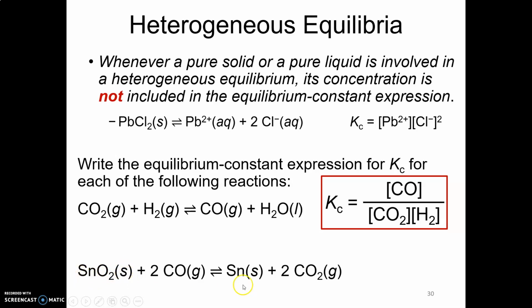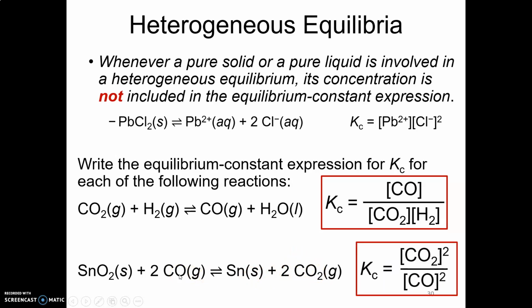Why? Because it's a solid. The tin atom, not going to include. Why? Because it's a solid. So this is the concentration of CO2 squared divided by the concentration of CO squared. That's what the K expression is. We are not going to include the solids, and we didn't include the liquid.